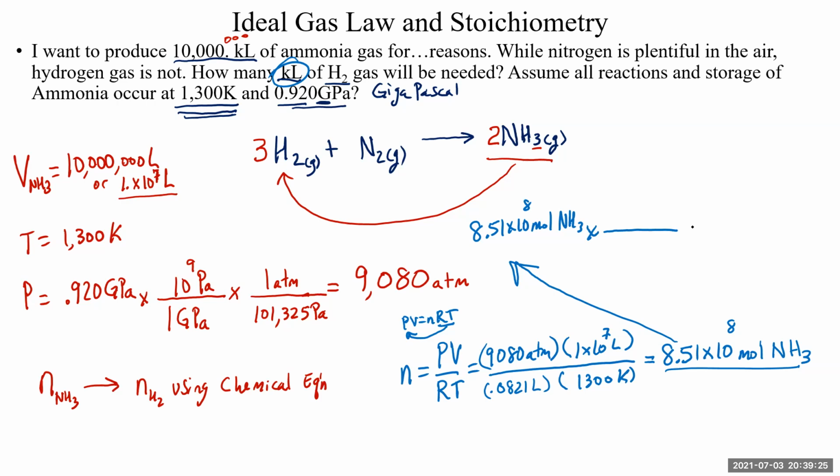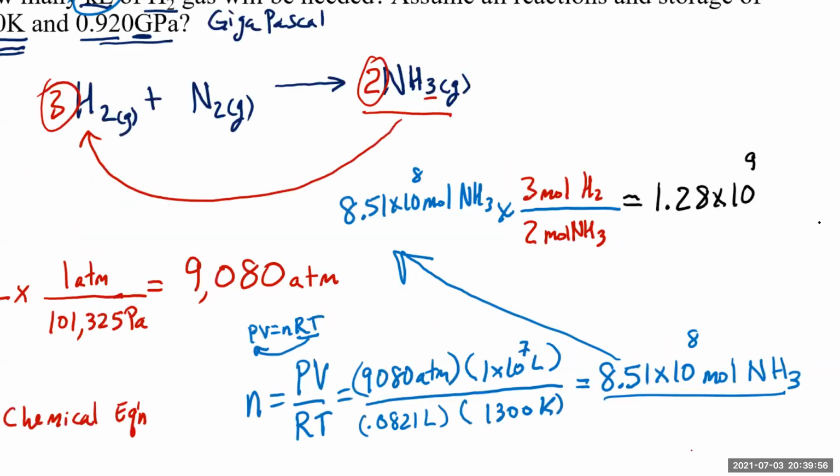So 1.5 times 8.51 times 10 to the 8th, times 3 divided by 2. It's the same thing as multiplying by 1.5. So that's 1.28 times 10 to the 9th. So that's 1.28 billion moles of hydrogen gas.